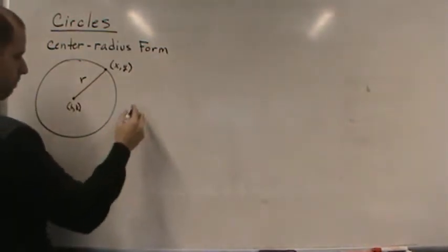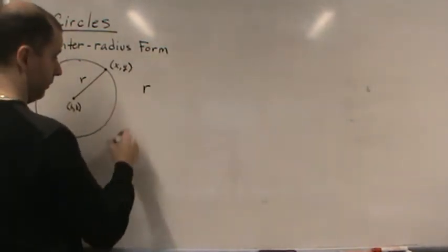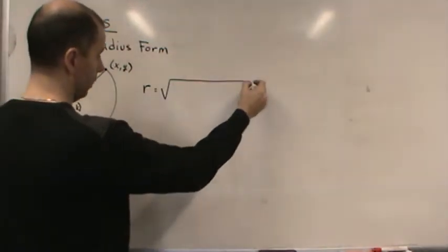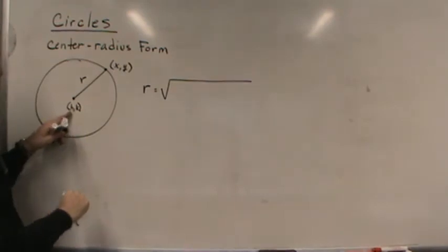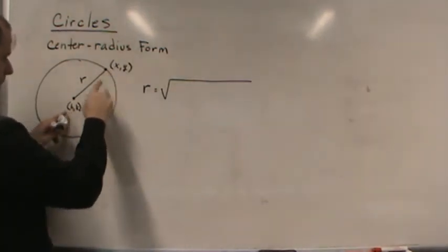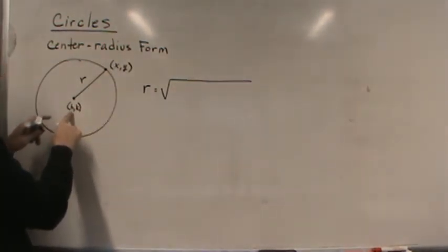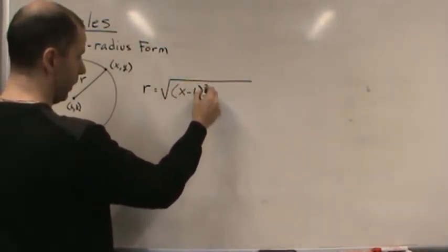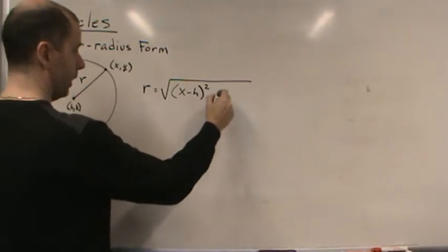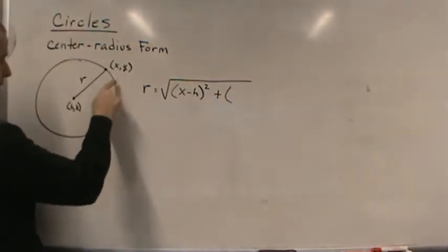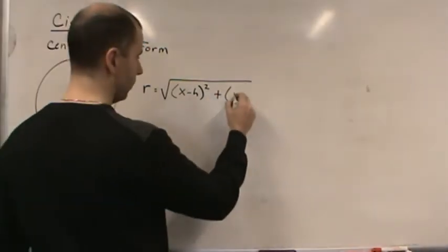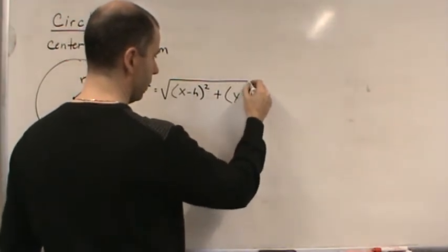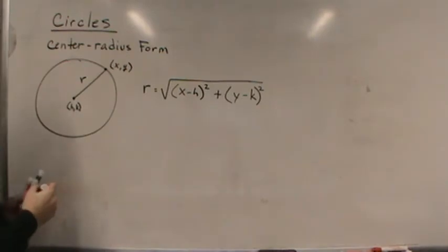R. So we know r is equal to the square root of x minus this x coordinate, which is h, so x minus h quantity squared, plus y minus k quantity squared.